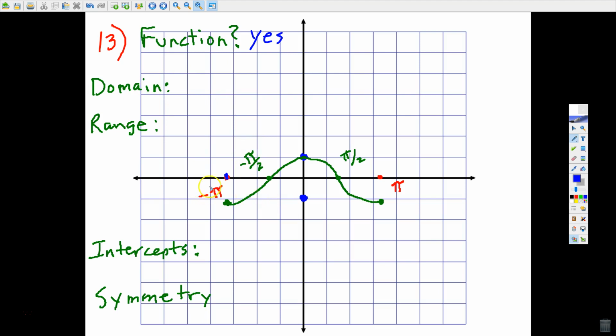So for the domain, I'm looking along the x-axis, and if you want to do this, this might help. You can take the end of your graph and then trace up to the x-axis, and then just identify with a range of numbers what numbers along the x-axis are involved in this graph.